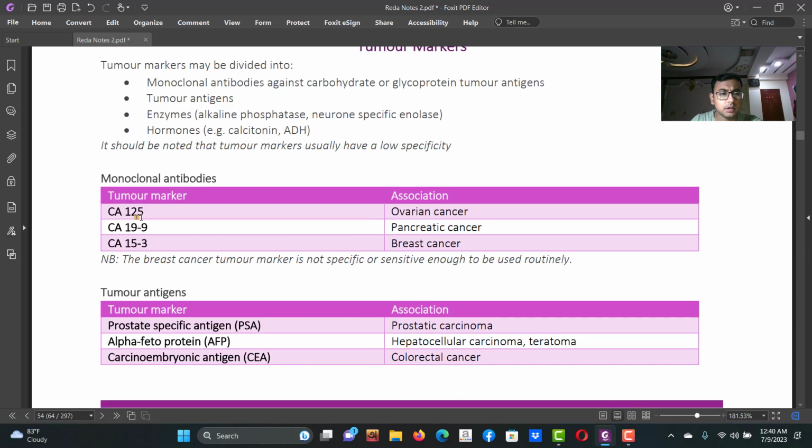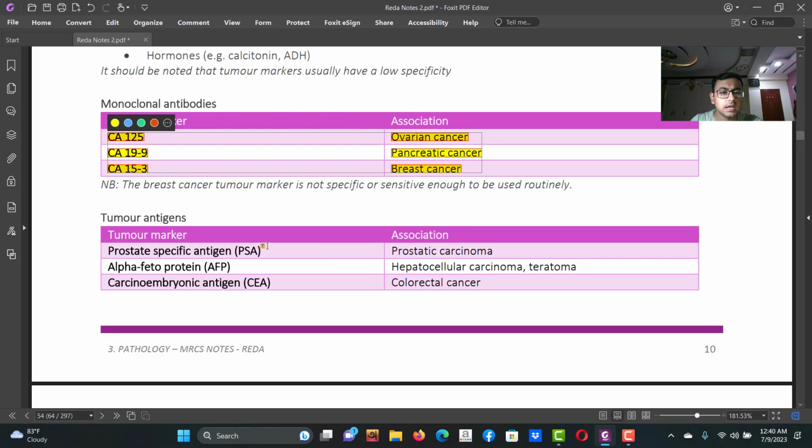You must remember these things: ovarian cancer, pancreatic cancer, and breast cancers, and there are some monoclonal antibodies. Antibodies like prostate specific antigen for prostatic carcinoma, alpha-fetoprotein for hepatocellular carcinoma and teratoma, and carcinoembryonic antigen for colorectal cancers.